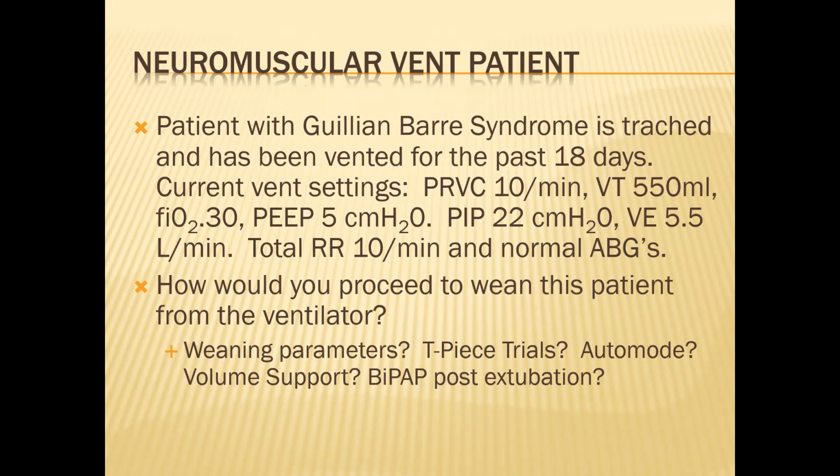And then weaning parameters, you were mentioning how that would reflect that they're weak. So how bad would their NIF have to be for you to say, you know what? They're not strong enough yet. The lower aspect of 20 is better.